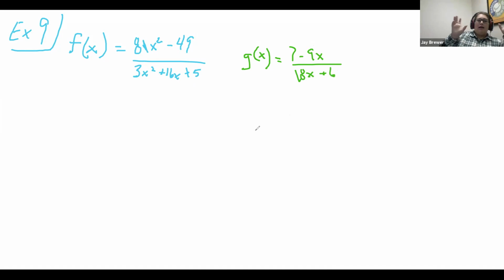Now, again, you guys could go through and decide to factor first. But I'm going to warn you that because we're dealing with fractions and you're going to end up having to flip the second one and multiply by the reciprocal, I just don't want anyone to get confused. So you can choose to do it however you want, but if you find out that you're making some mistakes, that could be where your mistake is being made.